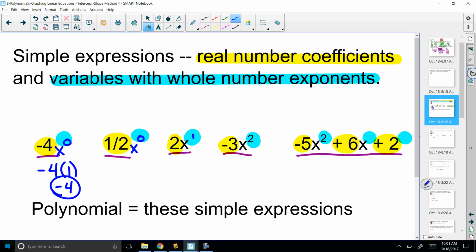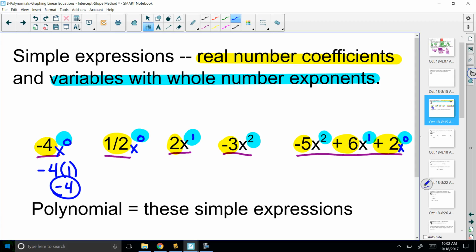The x, as we mentioned, is understood to be the first. We come back over here into the trinomial, and you have plus 6x to the first plus 2. This is x to the 0. So the yellow tells us that we have real number coefficients. The blue tells you that the variables have exponents that are whole numbers, and they are. They're not negative numbers, which is integers.